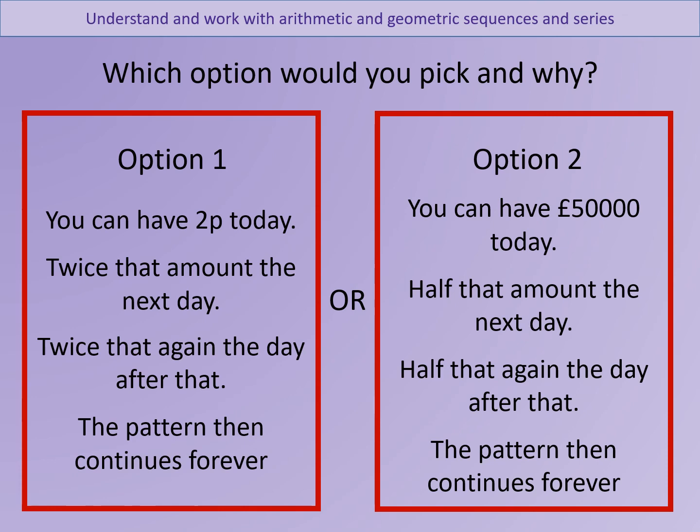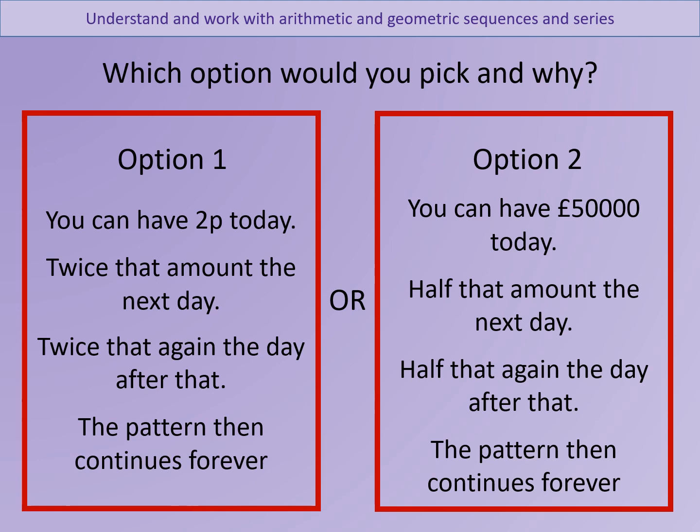So we're going to go back to this situation here and decide which option we would pick and why. As we can see, these are both geometric progressions. Option 1 has an r value of 2 because although we are starting with 2 pence, 0.02 pounds on our first day, we are multiplying by 2 every time. So therefore option 1 will increase without limits, and if this continued forever, then we would end up with an infinitely large amount of money.